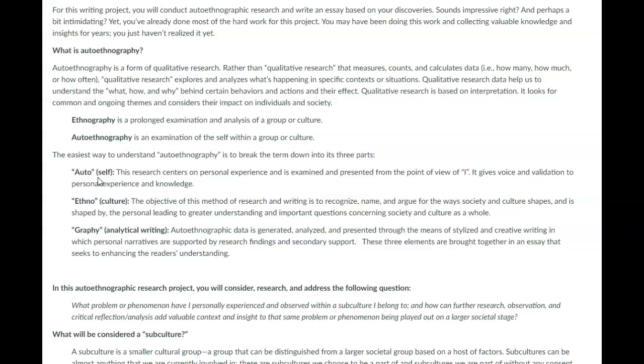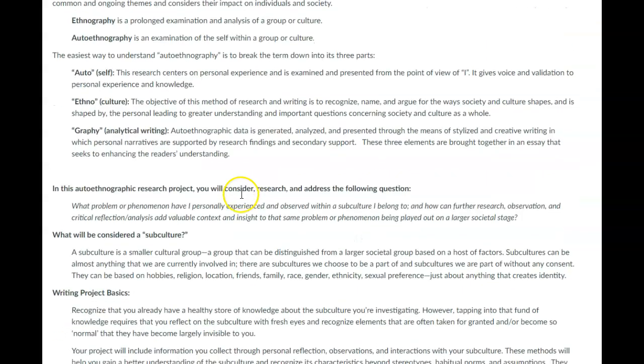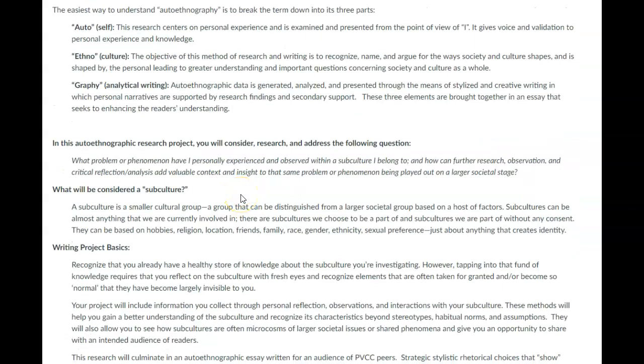And over the next couple of weeks, we are going to focus on this. And I'm going to provide lots of scaffolding activities that will help you understand the different parts of doing this type of research. But we're going to pick a subculture that we belong to. So any subculture could be a club, a group, a type of workplace, a religion, any kind of subculture, subgroup, maybe a gaming group or anything like that.